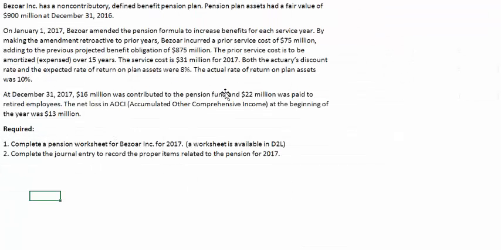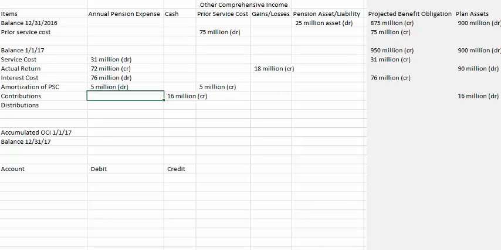And lastly here, we had some retirees that are collecting from our pension, and they drew down on the pension $22 million. So that actually has no effect on the pension expense in the current year, because we've already expensed the pension costs when the employees actually work for us. That's the matching principle.